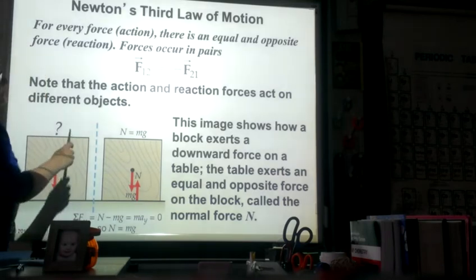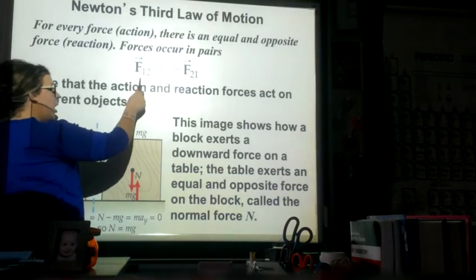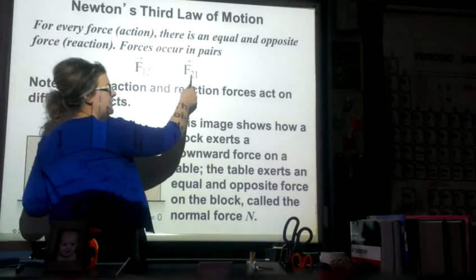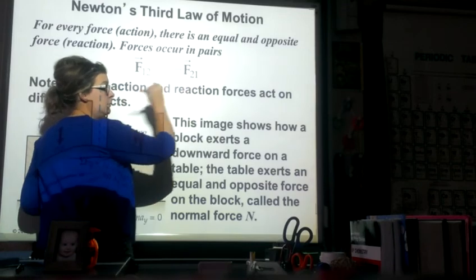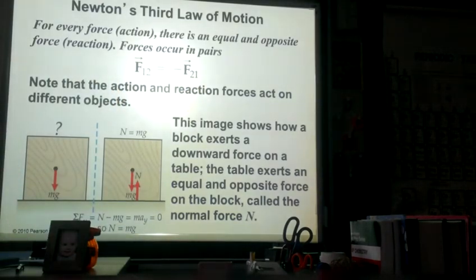So the way that we write it is, this is the force of 1 on 2, and this is the force of 2 on 1. Okay? That's how that reading will go. They should be equal in magnitude, but opposite in direction because of these pairs. Note that action and reaction forces act on different objects. We're not talking about the same object.